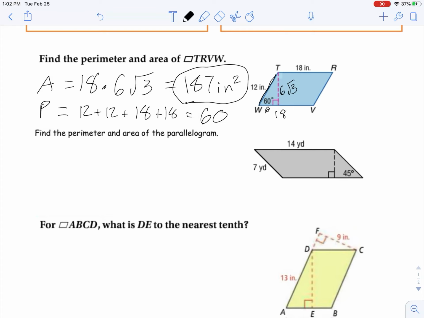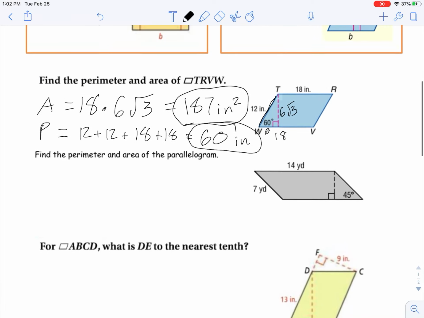So what does that give us? 60. And I'm going to label that inches, not inches squared, but just inches. Maybe pause for questions on that right now, and then we'll move on to the next one.